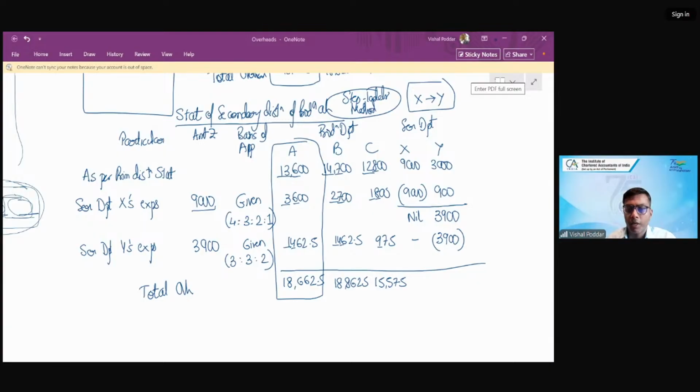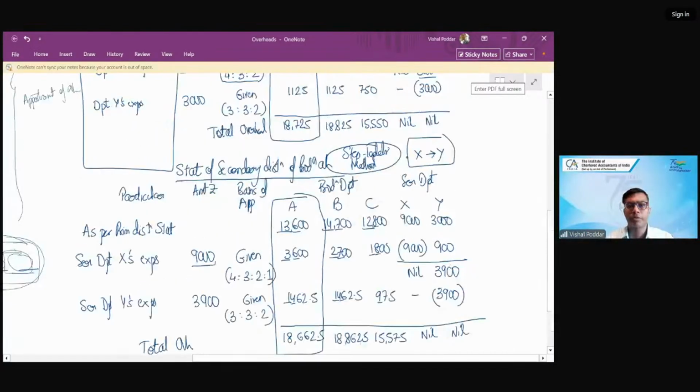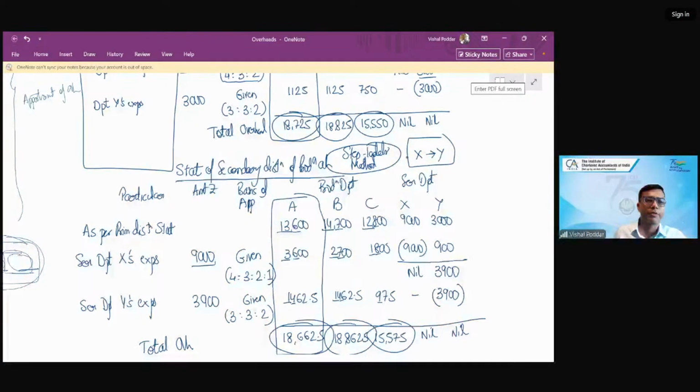Now, if you compare these figures with the previous method figures, here you are getting 18,725, now you are getting 18,662, 18,825, 18,862, 15,550, 15,575. It means the answers are different. Why? Because the situation is different. Students, the answers depend upon the scenario.